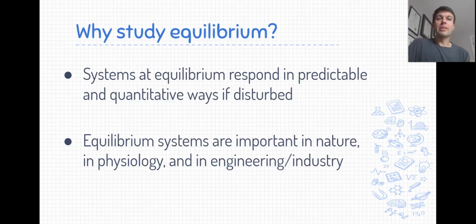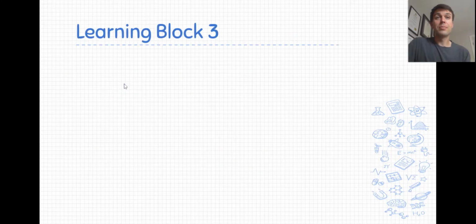But most importantly, equilibrium systems are incredibly important in nature, in biology, specifically in physiology, and also in engineering and industry. So the applications of chemistry in a whole bunch of different areas are very important in terms of chemical equilibrium. We'll see some of those in both the first unit on equilibrium and in the second unit on acid-base equilibrium.